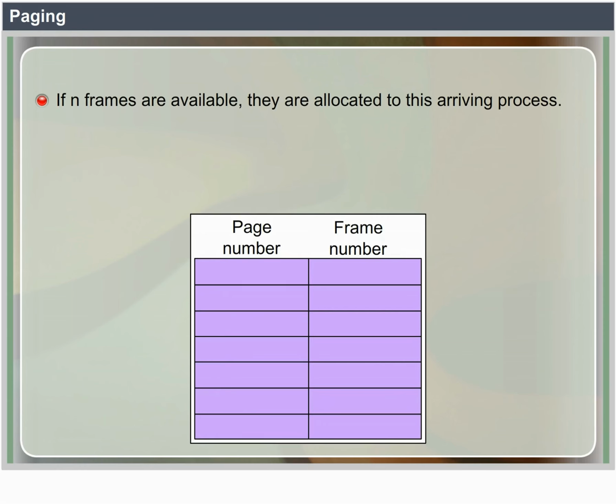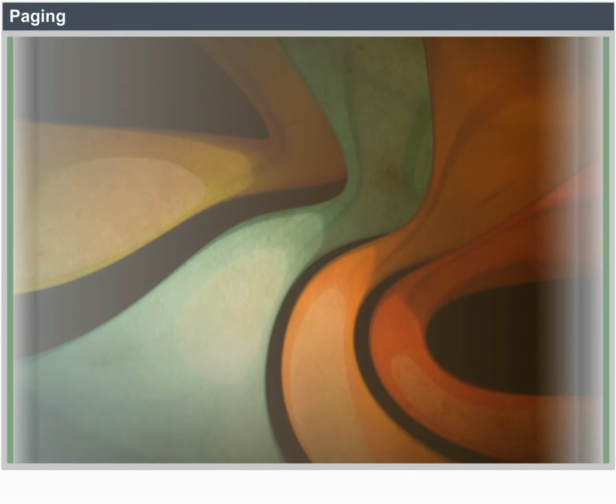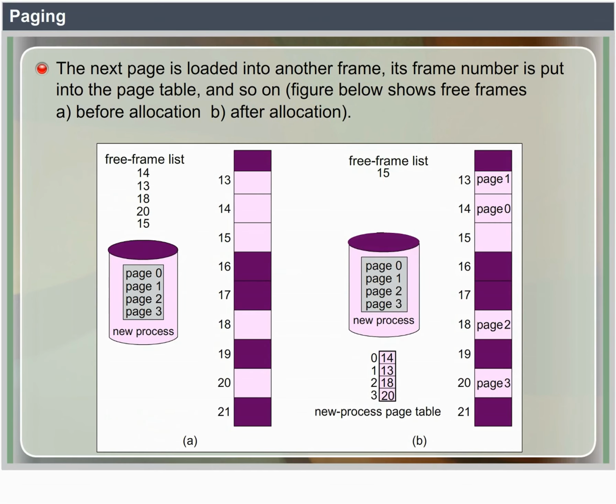The first page of the process is loaded into one of the allocated frames, and the frame number is put in the page table for this process. The next page is loaded into another frame, its frame number is put into the page table, and so on. Figure below shows free frames. A. Before allocation. B. After allocation.